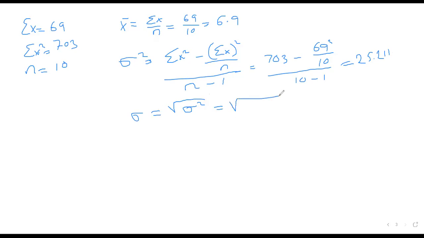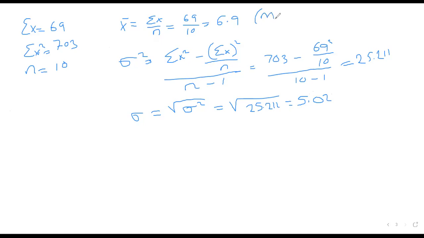So square root of 25.21, what do we get? We're getting 5.02. So the x bar stands for the what?